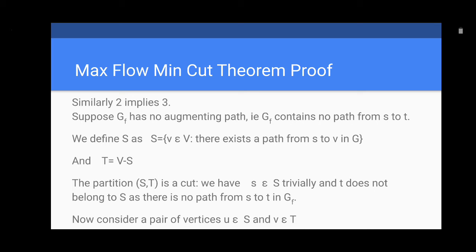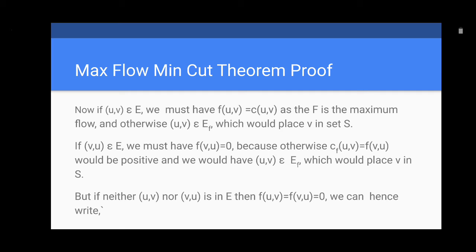Now consider a pair of vertices u which belongs to S and v which belongs to T. Now if (u, v) belongs to E, that is the flow network, we must have f of uv equal to the capacity of uv, as f is the maximum flow, and otherwise there would have been an edge (u, v) that belongs to Ef, which would place v in the set S, because we know that v is in T. This is not possible as long as f of uv is equal to the capacity.